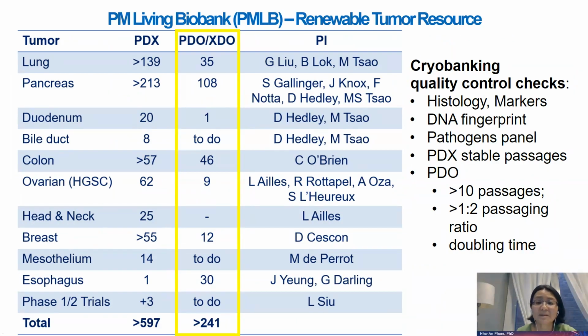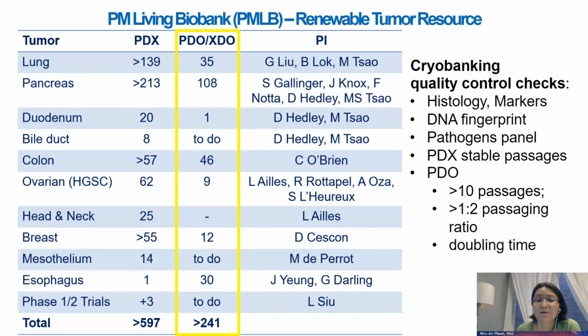Here I've summarized the inventory: our organoid models are near 240 models and increasing with the collaboration of our investigators at the Institute to run their research programs. For the PDX models, we have close to 600 models core banked, and also new models being established continuously from our clinical research programs that I just described previously.